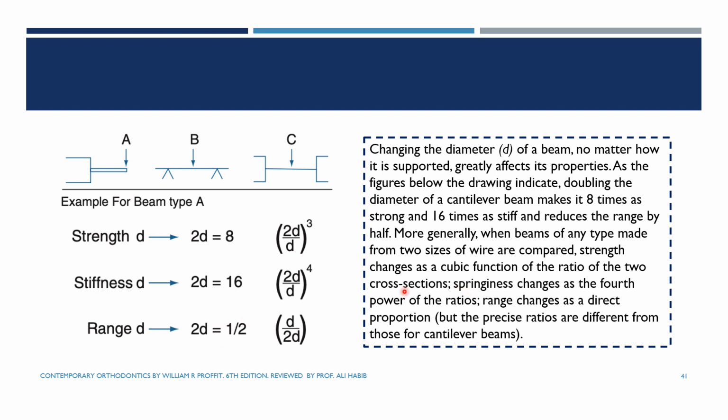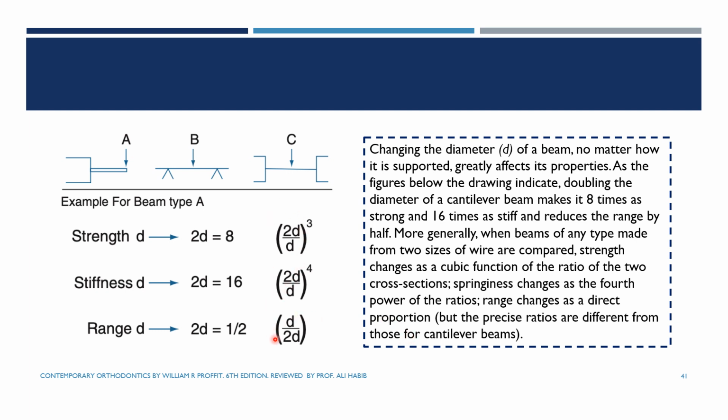When you do the same thing with a beam supported from both sides, doubling the diameter will increase the strength by a cubic function of the ratio of the two cross sections, 2D over D, and the stiffness will change as the fourth power of the ratio, and the range will change in direct proportion.